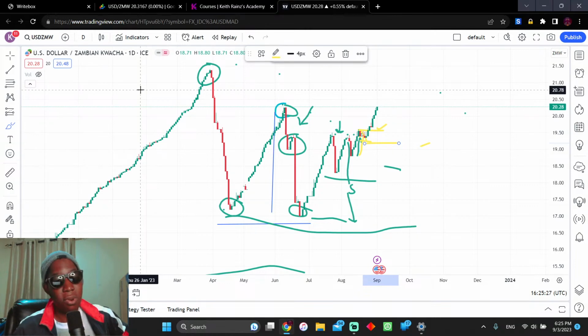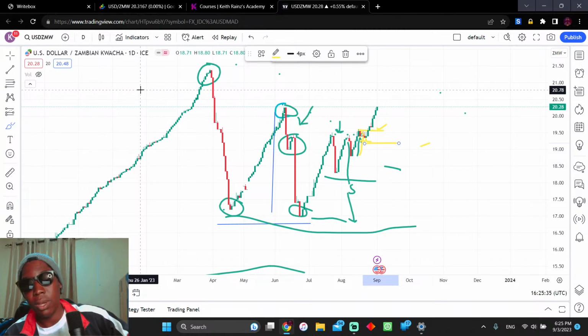Its price structure is different from these other currencies, and you cannot apply what you understood about other prices to here. They won't work, because this one is very much different.